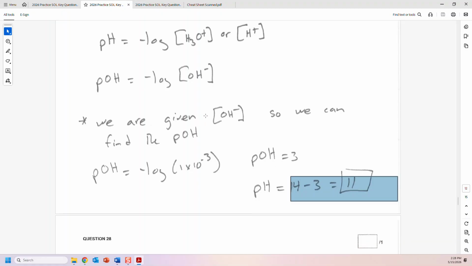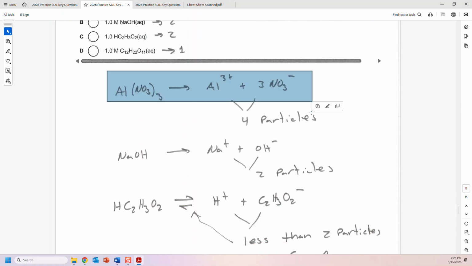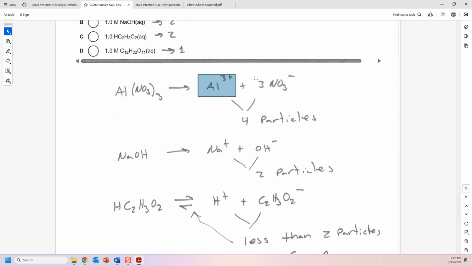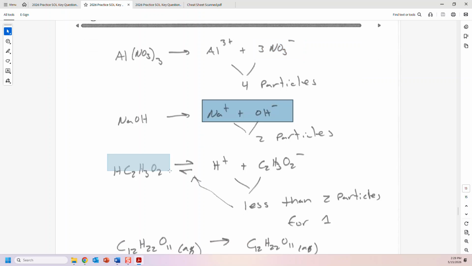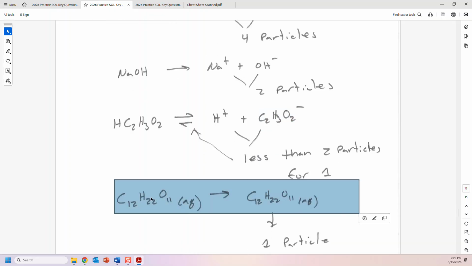All right, so if we go to my notes here, I'm reminding you, when salt is dissolved in water, this is what happens. It breaks up into 1 of these ions and 3 of those ions. This ionic compound breaks up into 1 of those ions and 1 of those ions. This acid could break up into 1 of these ions and 1 of those ions, but notice the sugar, when it dissolves, it doesn't change into smaller particles.